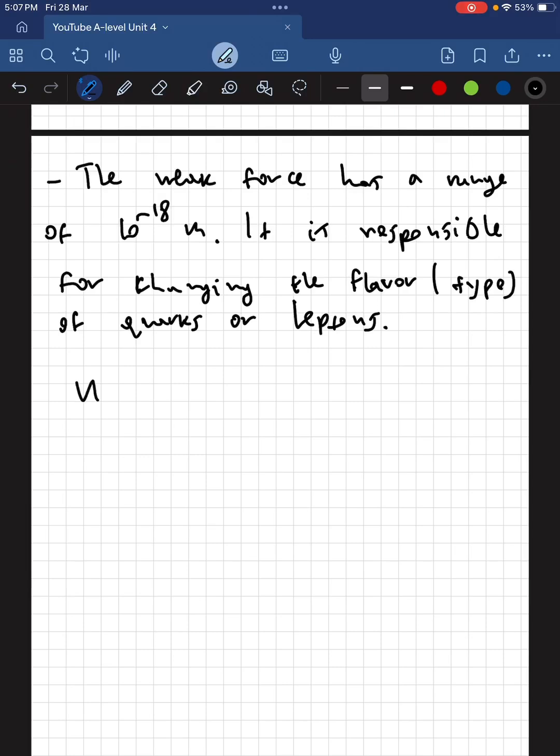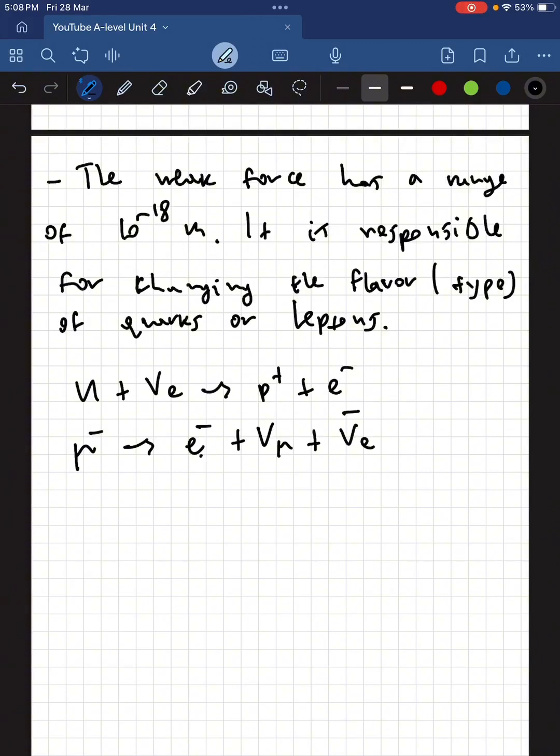So for example, if we have a neutron interacting with an electron neutrino, these might produce a proton and an electron. A muon can decay into an electron plus a muon neutrino plus an electron antineutrino.